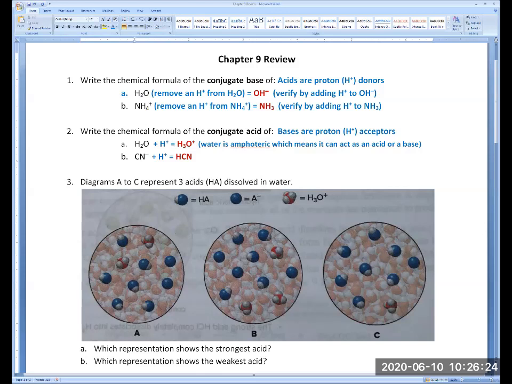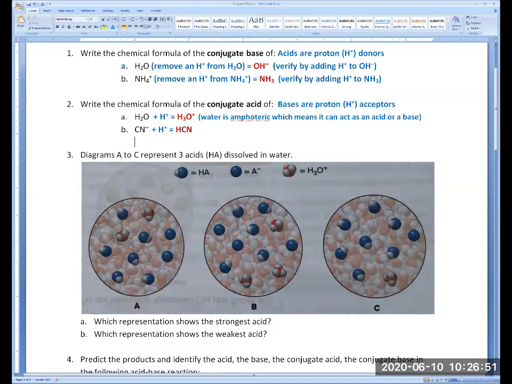H3O plus and H2O, we tend to say the acid first, are another conjugate acid-base pair. And then HCN and CN- are a conjugate acid-base pair. Because they form a pair, the only difference between the formula of the acid and the base is just an H plus.